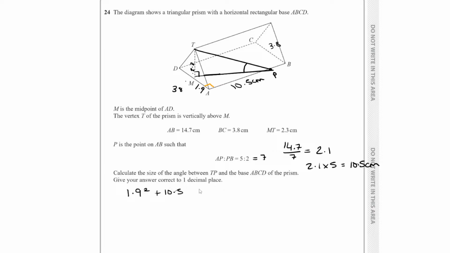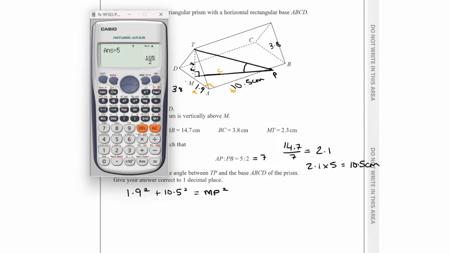C is always the hypotenuse, right? It's a squared plus b squared equals c squared. C is always the hypotenuse, which is the one we want in this case. That's quite handy. Obviously, calculator. I'm going to square root it straight away, so that my 10.5 squared plus 1.9 squared, square root that, gives me MP.